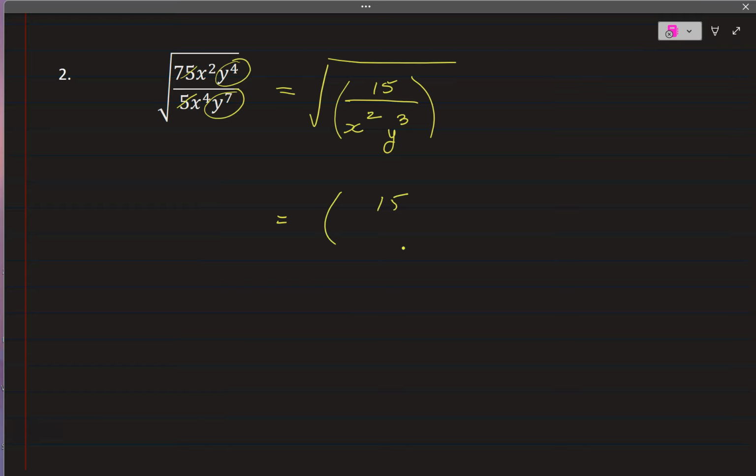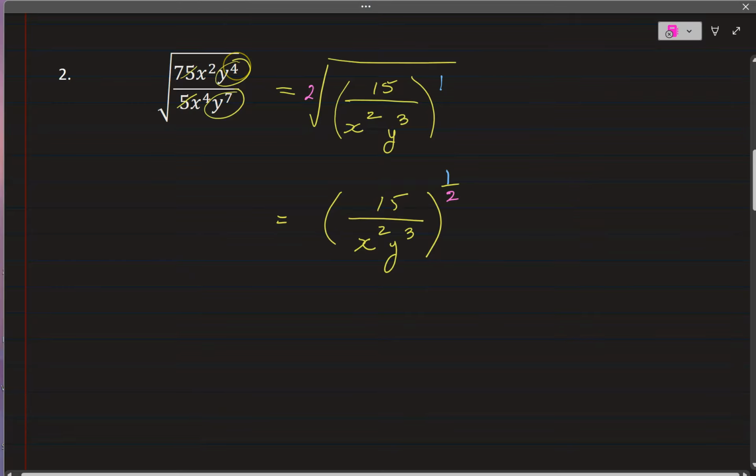That would be 15 divided by x squared y to the 3rd, in the denominator, to the exponent of 1/2. Remember, this has 2 as a root and 1 as the overall exponent for the entire radicand, so we can do this, which is 1 over 2 in terms of the exponent.